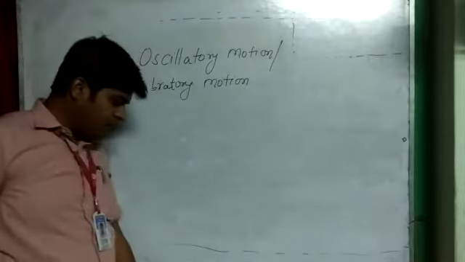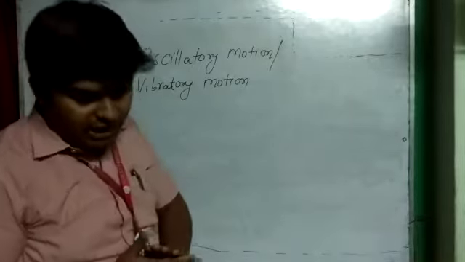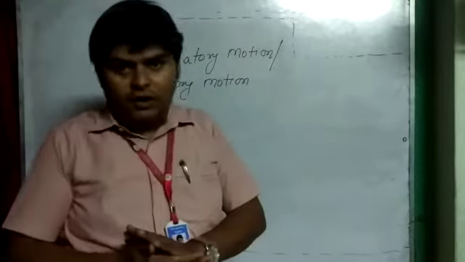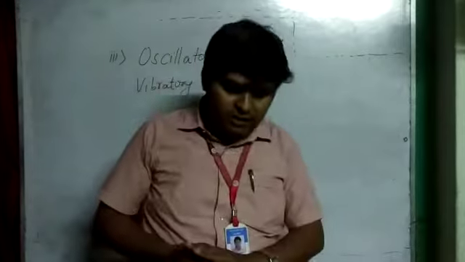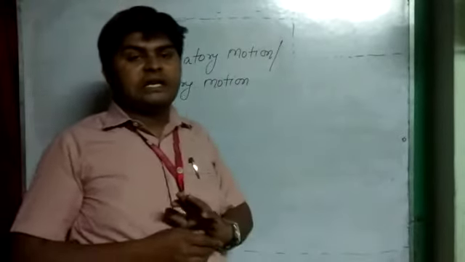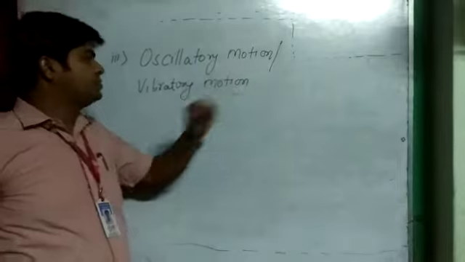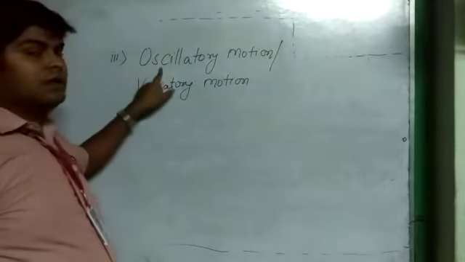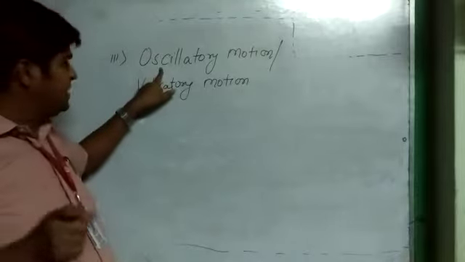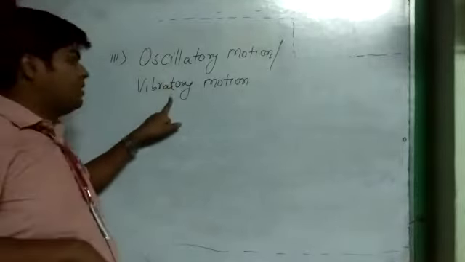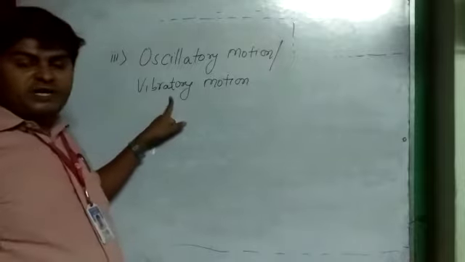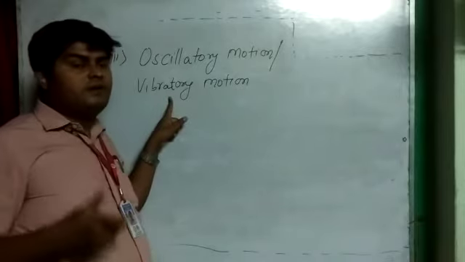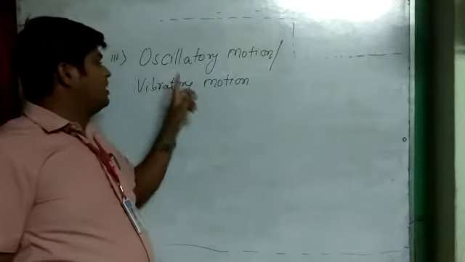The motion in which an object moves to and fro, or backward and forward, from its mean position is called oscillatory motion or vibratory motion. That means the object vibrates or oscillates from its mean position to a backward and forward position, a to and fro motion.